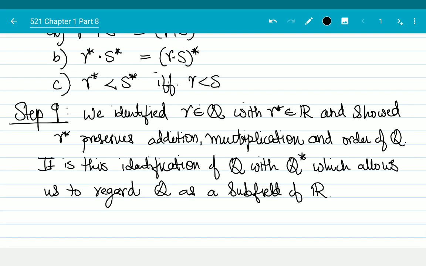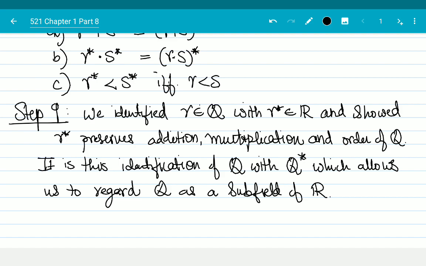Okay, so what we are not showing is that any two fields with the least upper bound property are isomorphic. That would show that this R is unique.